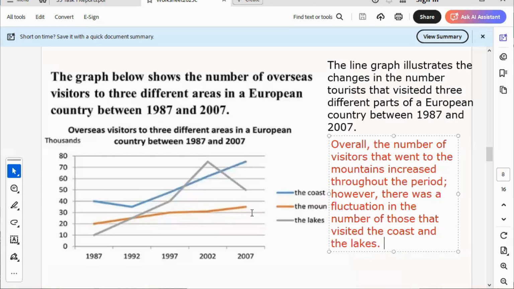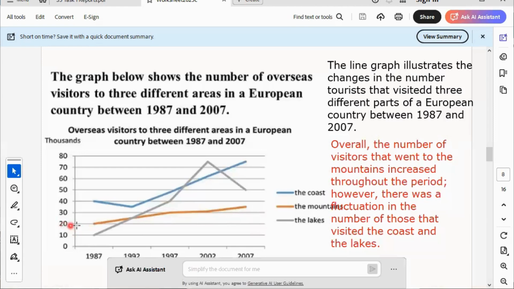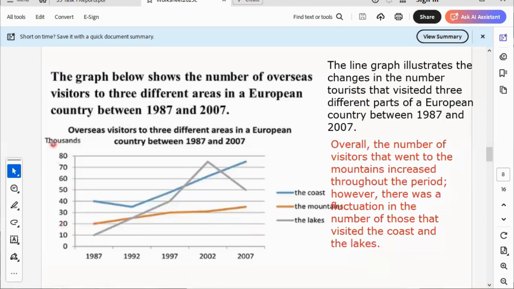In writing my main body, I'll first of all write about the mountains. To start with, in 1987, 20,000 tourists visited the mountains. Okay? 20,000. Look at it here, everybody. Look at it, thousands here. So all these figures represent 10,000, 20,000, 30,000, 40,000, 50,000.